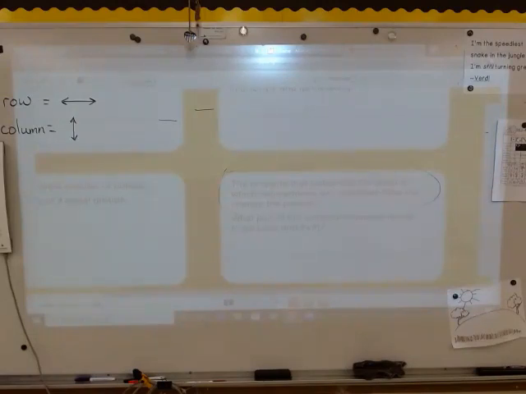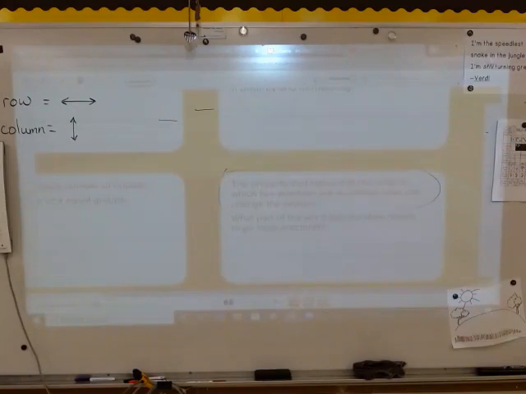Is it this one? Commutative property, yep. You should be writing. And it really is the same as the one for addition, isn't it?